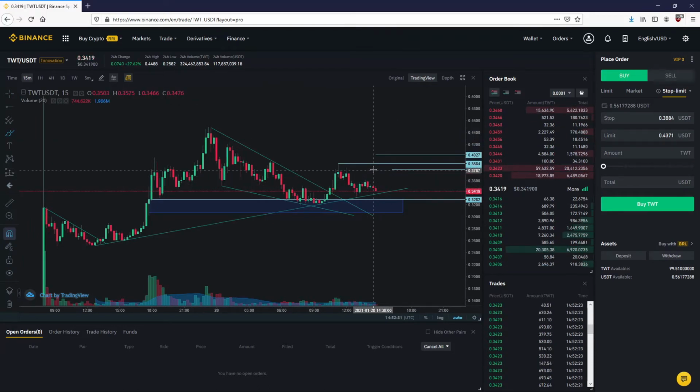So you want to ensure that the moment it breaks, it's able to pick your order up, because sometimes the engine is slower than the momentum with which price is rising, and price will be far gone before your order is placed into the order book.